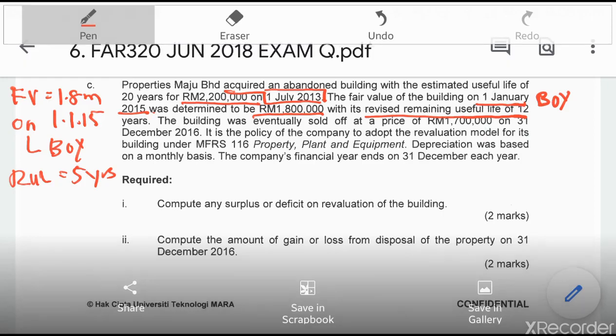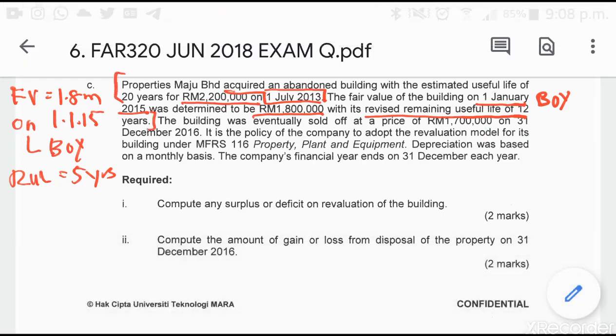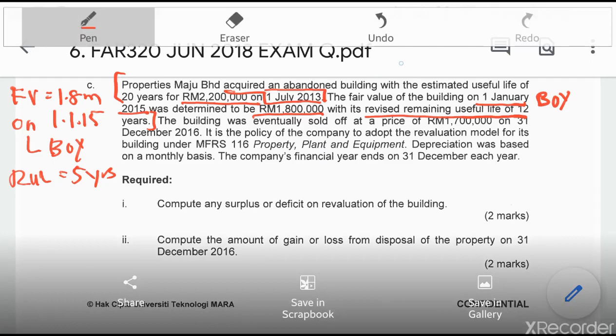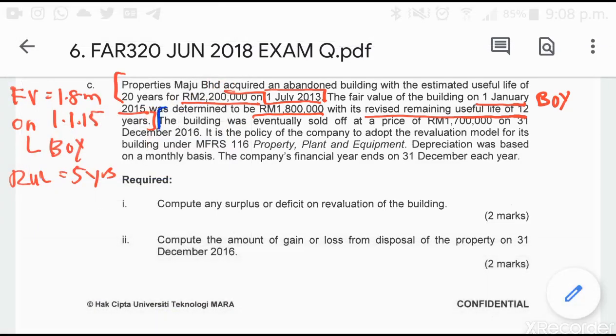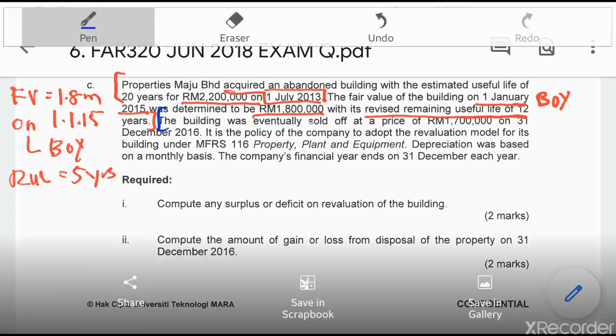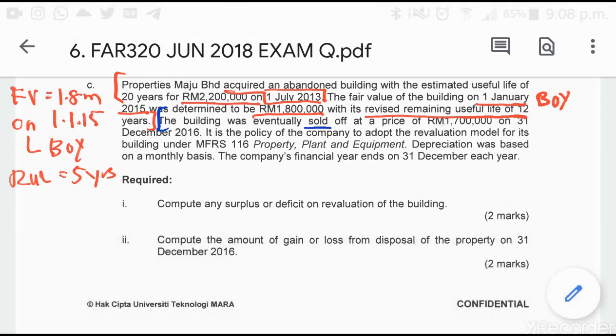Okay, that was the part on revaluation. We will draw a time diagram in a short while so that you can understand better. Next is the derecognition. So the building was sold at a price of 1.7.